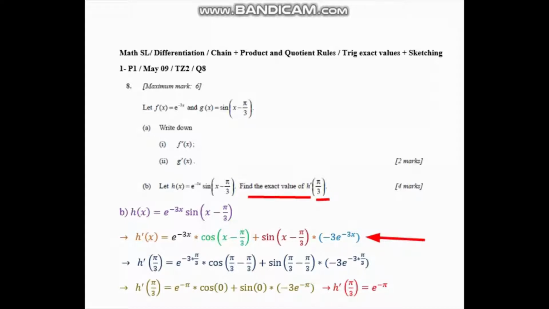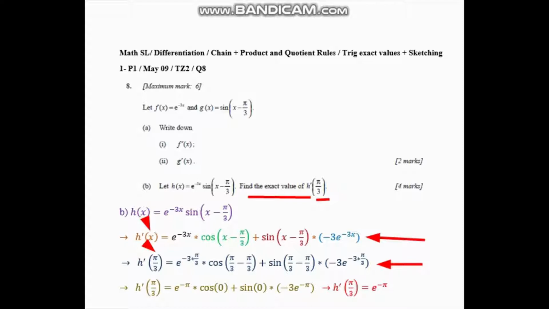And that's what I did in the subsequent step. So in this blue expression right there, all I did was I removed every single x in the first expression and I substituted pi over 3 throughout the entire expression. After I do that, all that remains is to simplify and find the exact values.